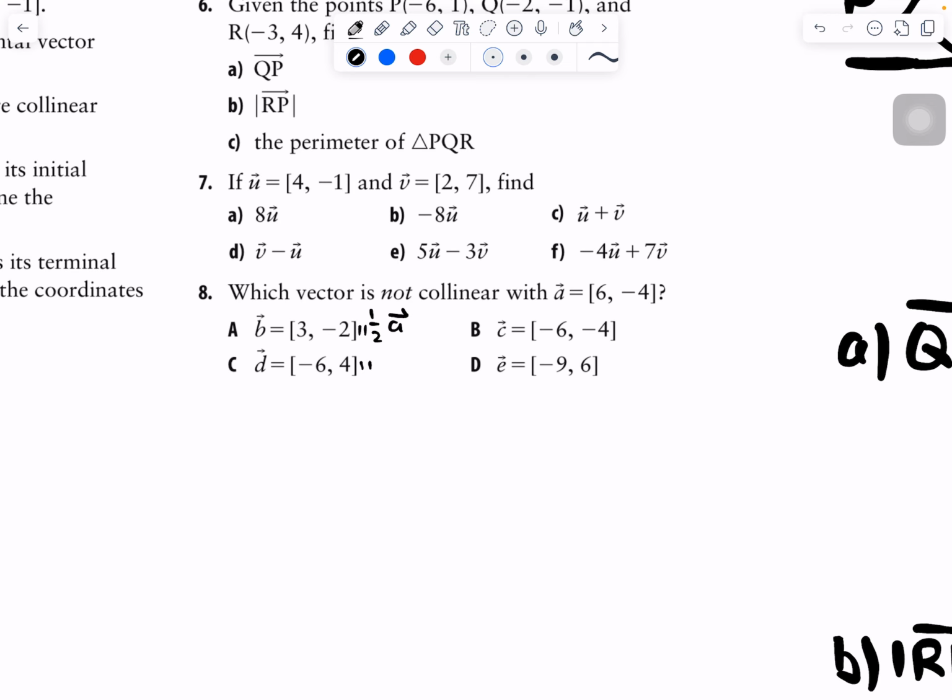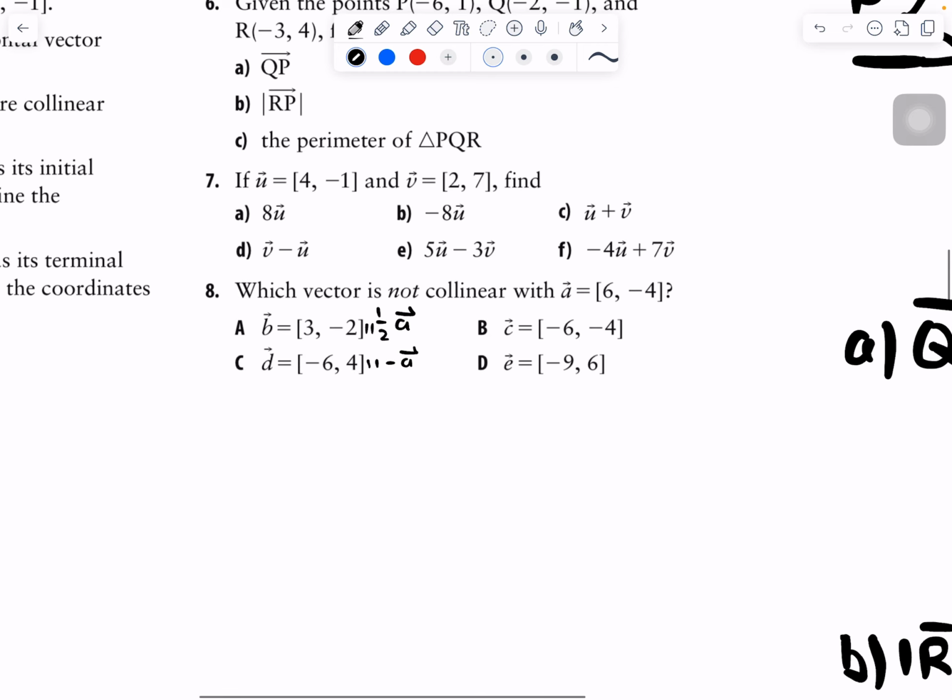This one seems parallel to negative A. What about this one? This one also seems to be some sort of a match. Yeah, so this one's parallel to -3/2 A. So that leaves this one as the only remaining one. And it makes sense because there is no scalar you could use to multiply A by to get C at all. So that's the vector that's not collinear.